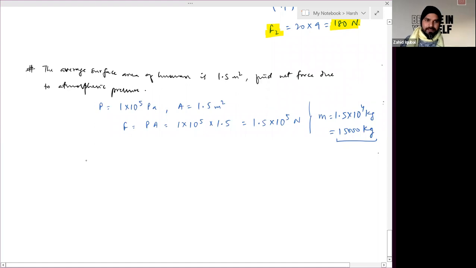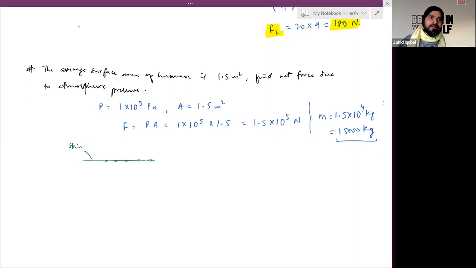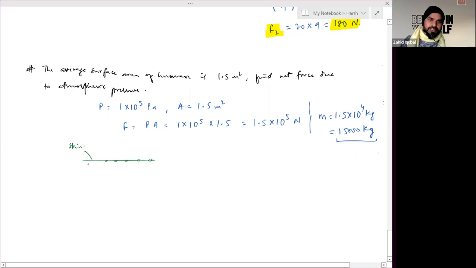This is the layer of our skin, on which there are some pores, and there is a layer of fat storing tissue just behind it, which is called adipose tissue.